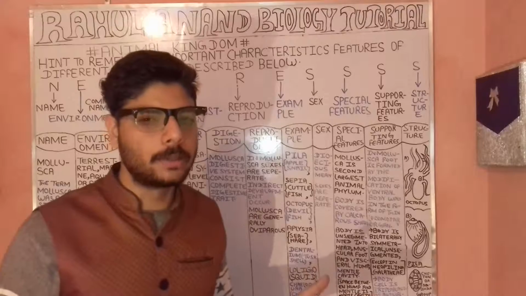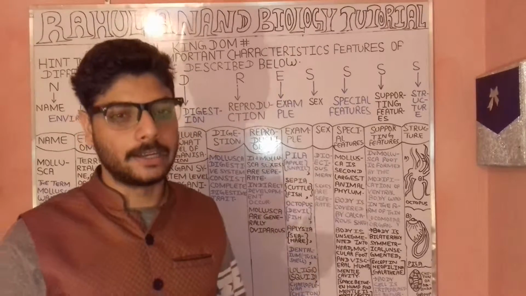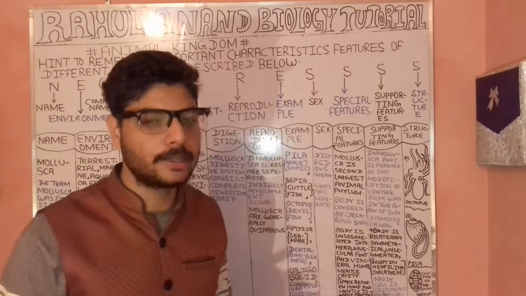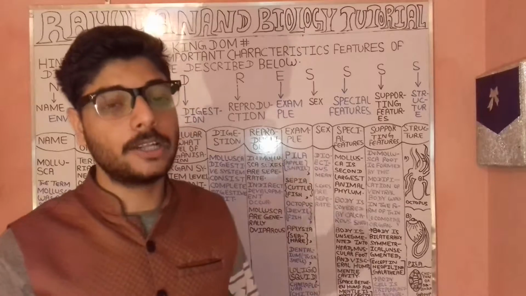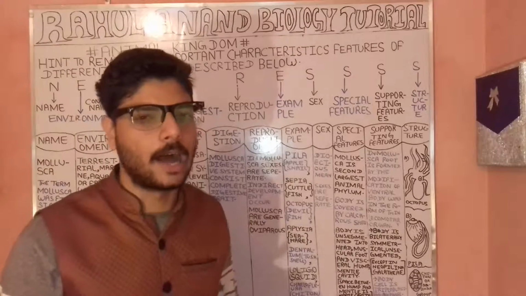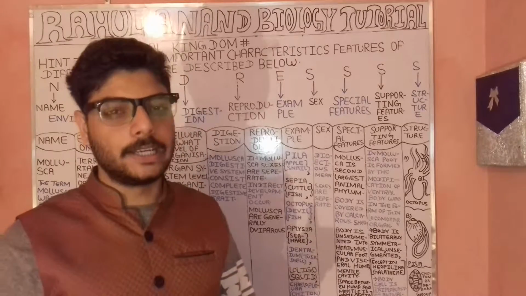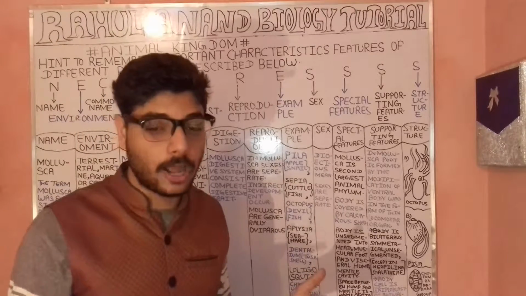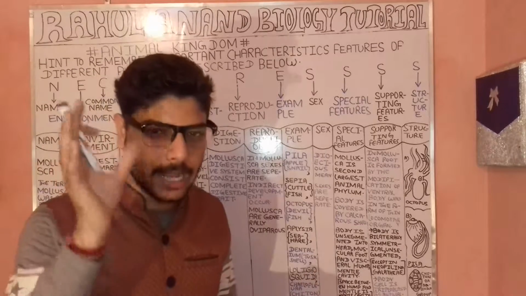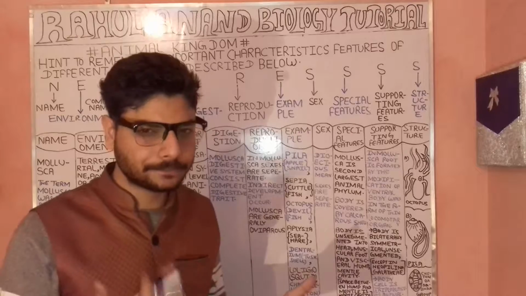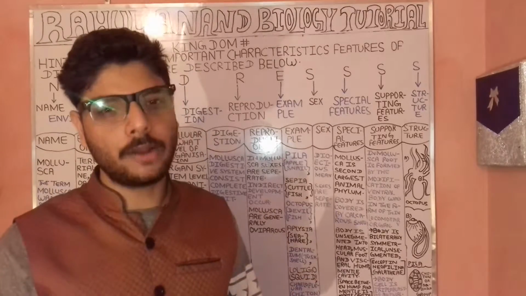Remember the formula NECDRE: N stands for name, E for environment, C for common name, D for digestion, R for reproduction, then E for excretion, or either sorting, then example. Then we have the DRE, and then the SS.